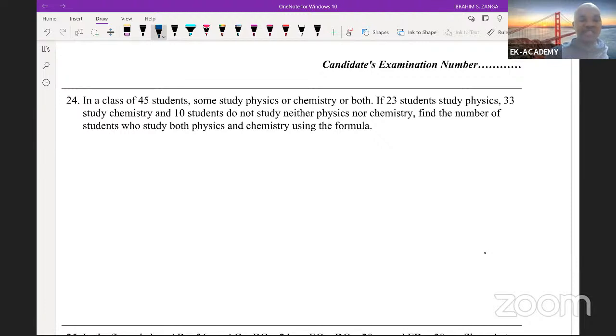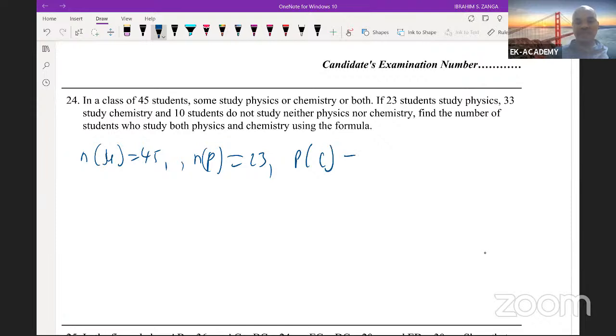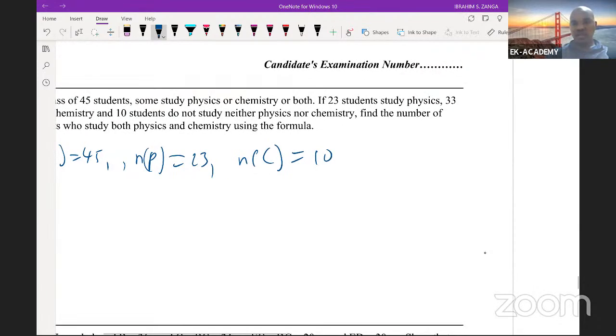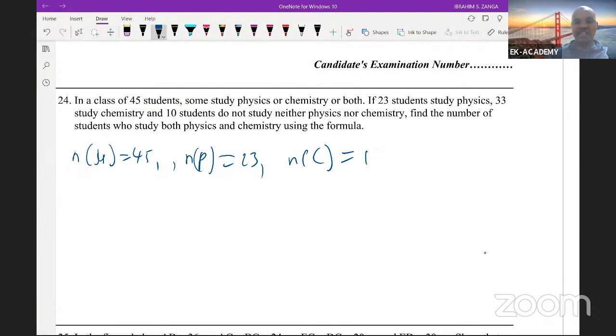So the total number of students can be considered as the number of the universal set, which is 45. And then the number of those who study physics, n(P), is 23. The number of those who study chemistry, n(C), is 33.